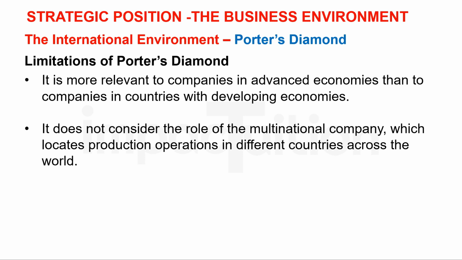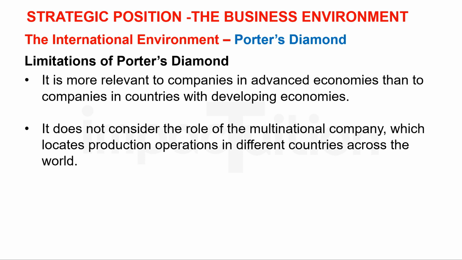Having understood the four elements in the Porter's diamond, in an exam situation, we may be required to use the Porter's diamond to explain the global success of companies in a particular country, or we may be required to use the Porter's diamond to explain how an industry in one country performs better or has a global competitive advantage over the same industry in another country.